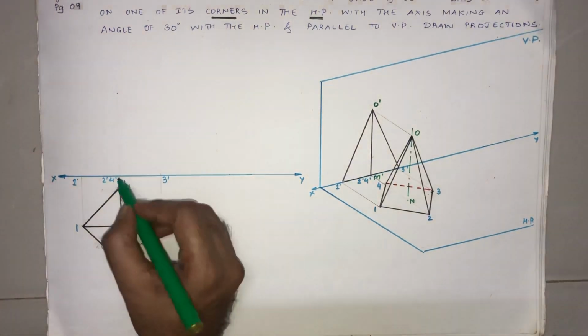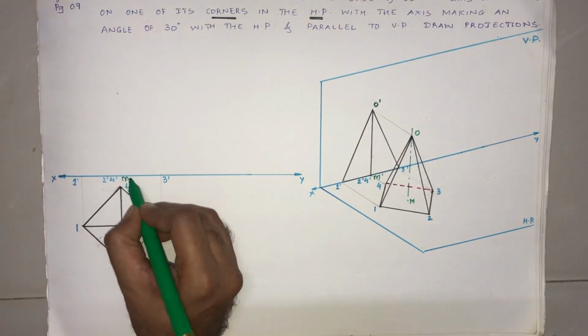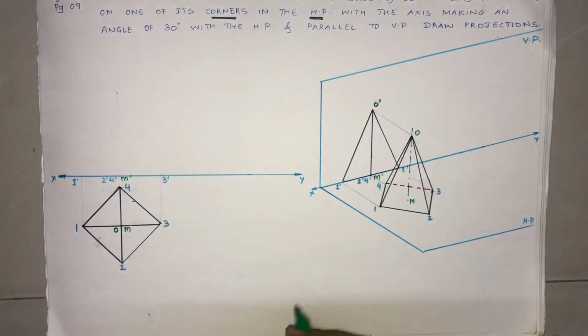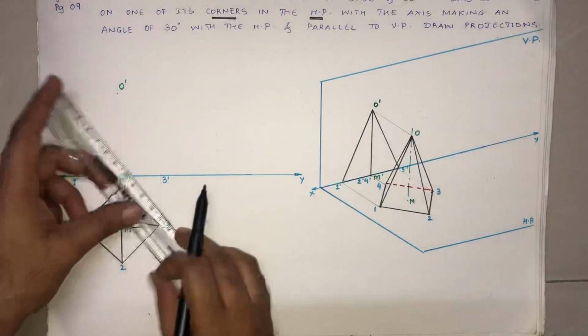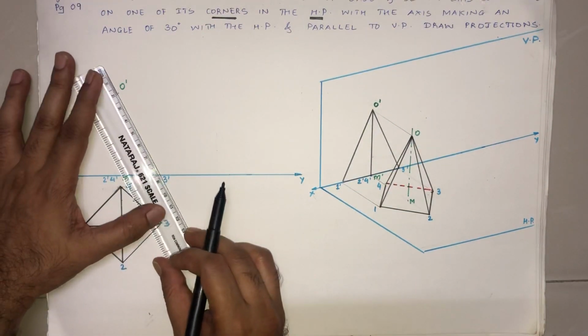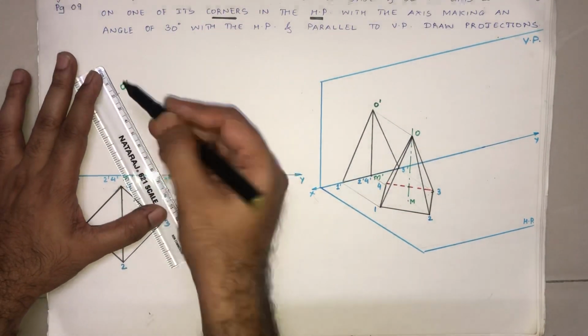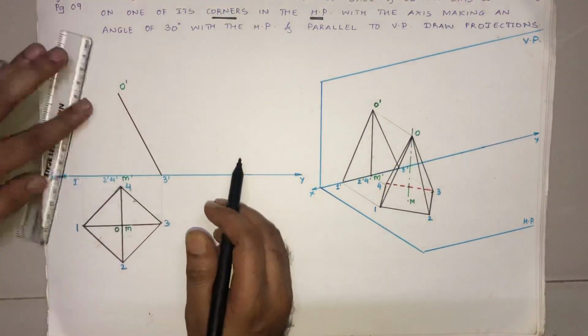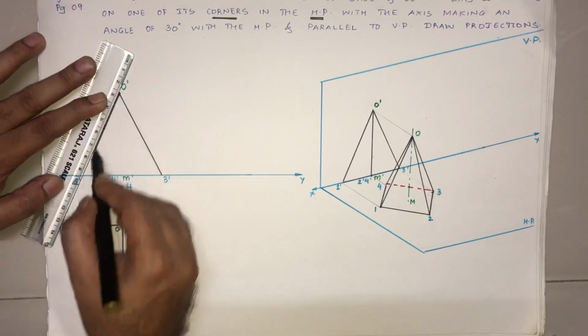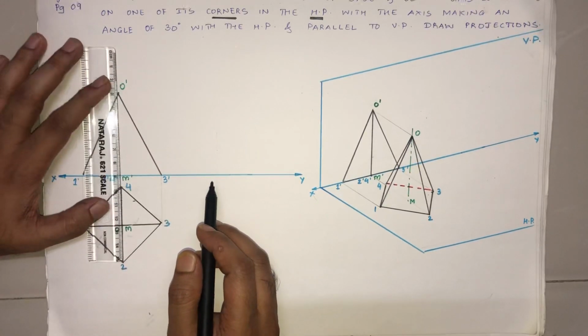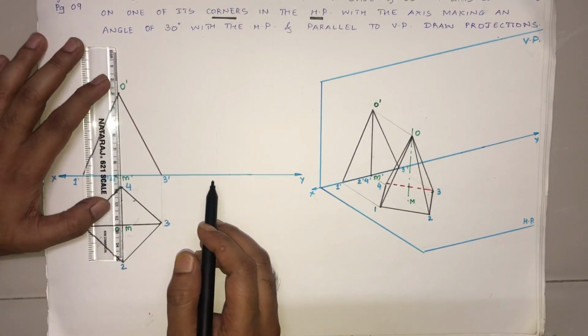Okay, I'm also going to name this point as, say, M dash here, and this was my O dash point. Now, the boundary of any solid, any view here, is always a dark line, an outline. So this is it.